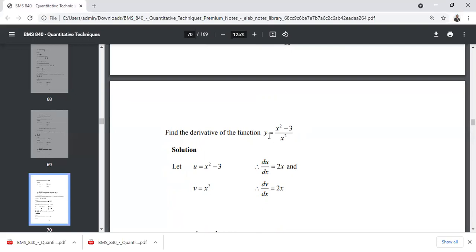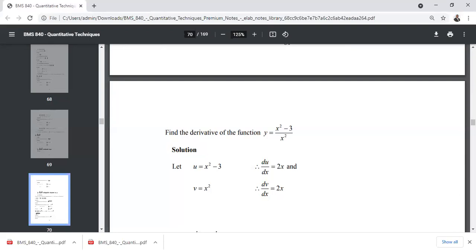So it is v, which is x squared multiplied by, no, we are starting with the u dv over dx, u dv over dx minus v du over dx. Then we divide by v squared.